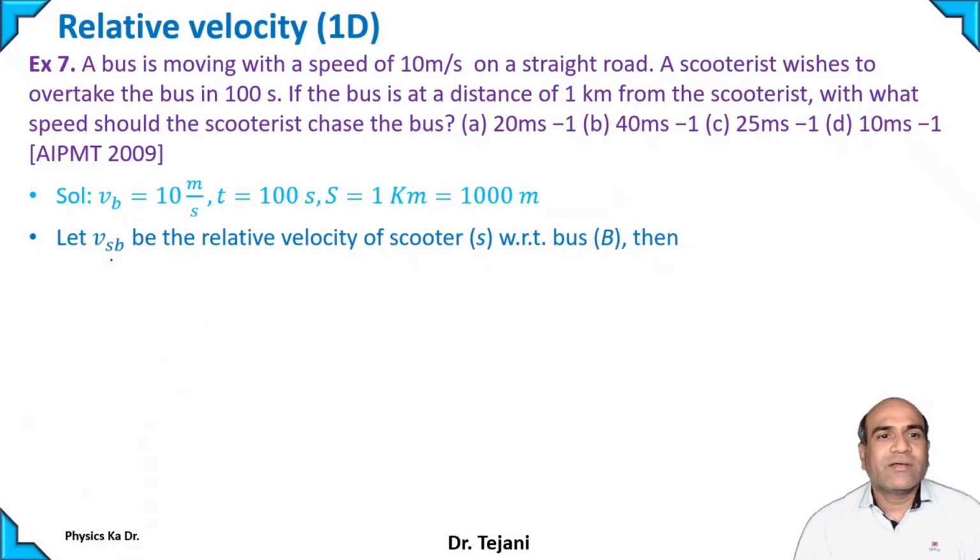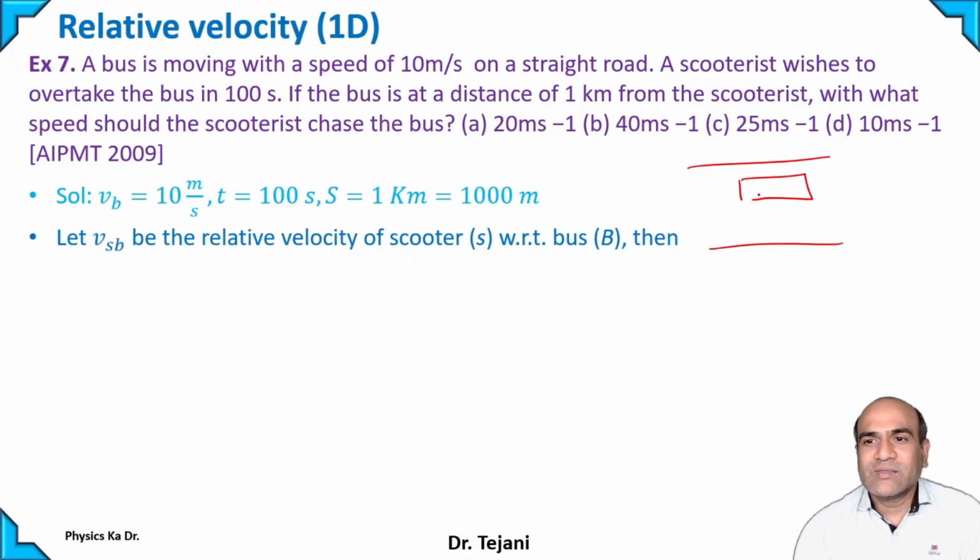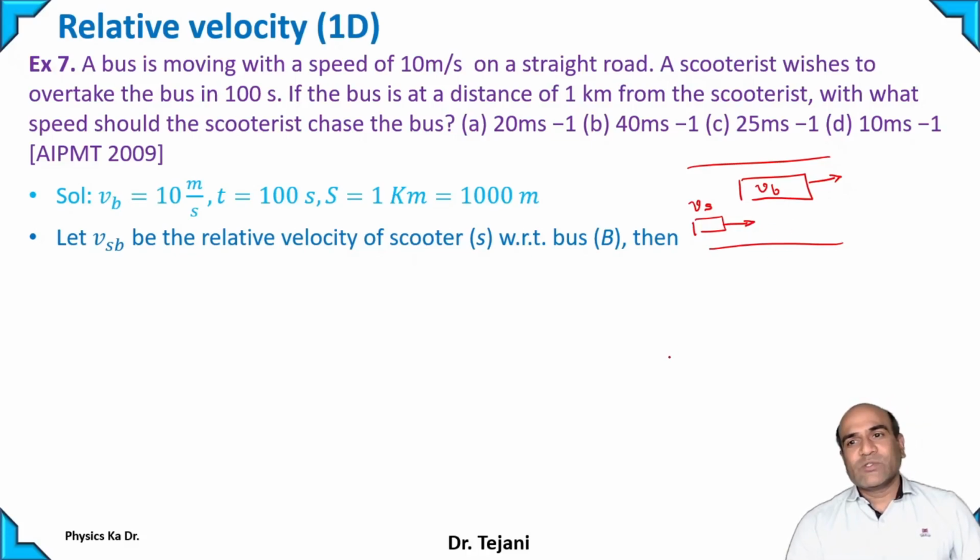And let's have velocity VS, that means velocity of scooterist. I love this example. This is a bus running with velocity of VB. Here it is a scooterist running with velocity, let's call it VS, and he wants to overtake this bus.